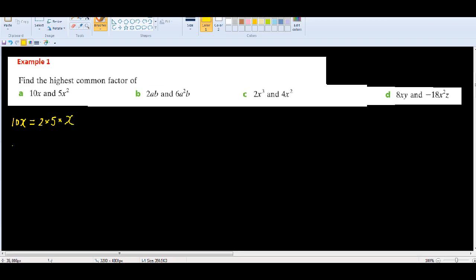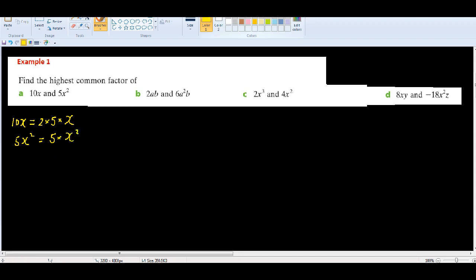Remember, you need to write the numbers into all the prime factors. You are not going to write 1 times 10 because 1 and 10 are not prime factors, right? And how about 5x? So 5x is only 5 times x squared.